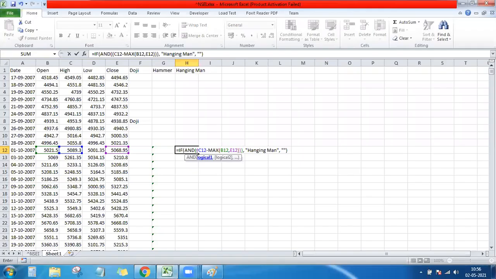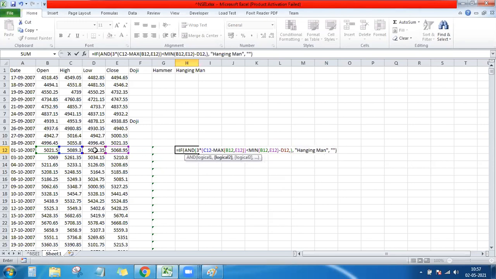This you have to multiply it by 3. So 3 times this, it should be less than or equal to, no, it should be less than only. It should be less than minimum of open comma close minus the low price.